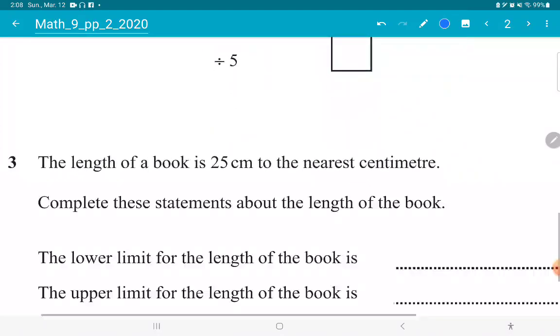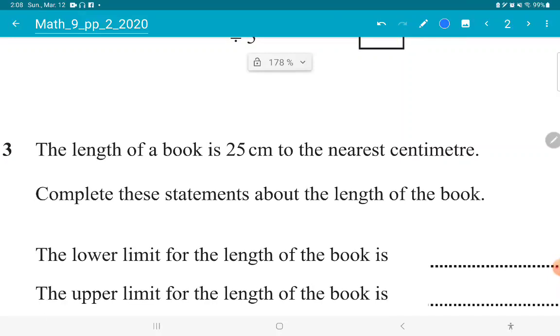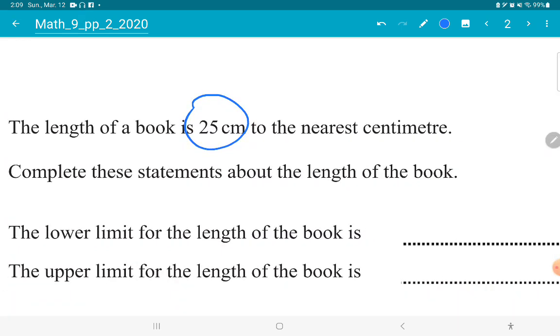Problem number 3, the graph. The length of a book is 25 centimeter. And then complete with the upper and lower limits. Since it's to the nearest centimeter, I'll get 1 centimeter. And then divided by 2, I'll get 1/2 or 0.5 centimeter.